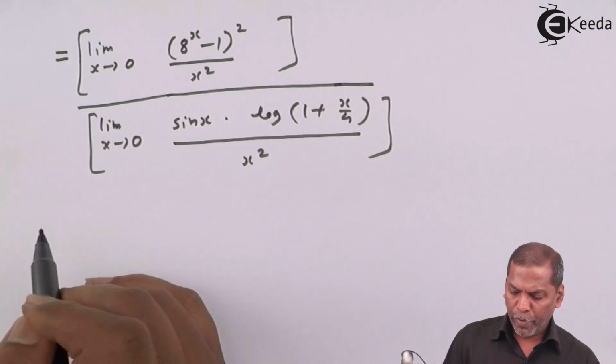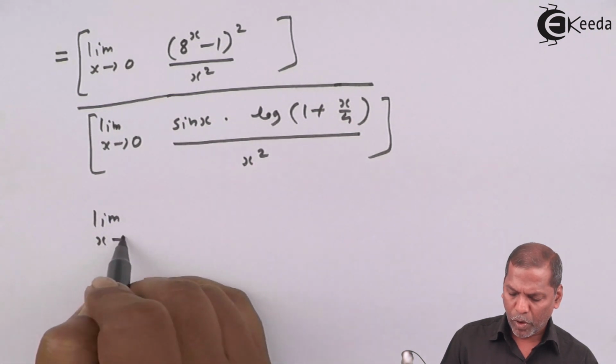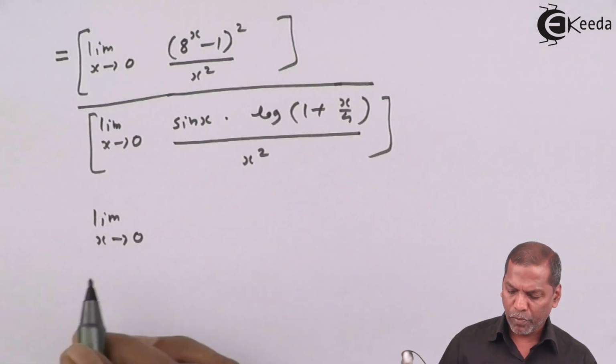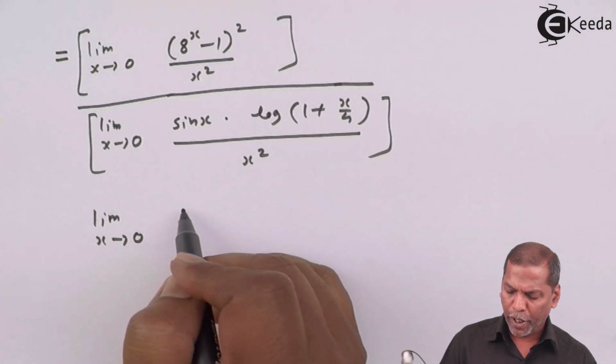So the next step will be limit x tends to 0. Here we take the square term common from numerator and denominator.